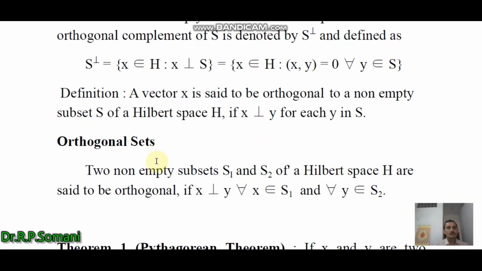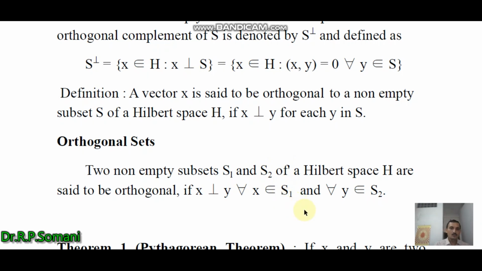Two non-empty subsets S1 and S2 of a Hilbert space H are said to be orthogonal if x is orthogonal to y for all x belonging to S1 and for all y belonging to S2. If this property holds for each element of S1 and each element of S2, then we say that the set S1 is orthogonal to the set S2.